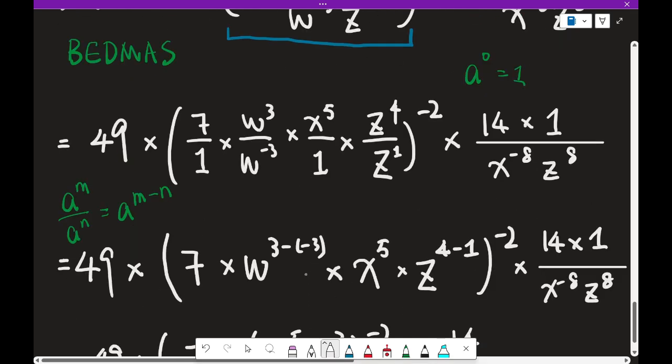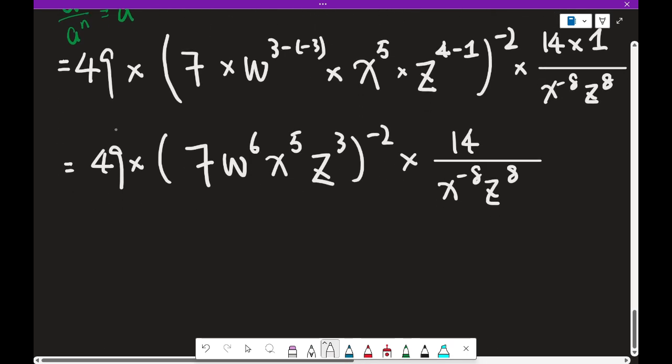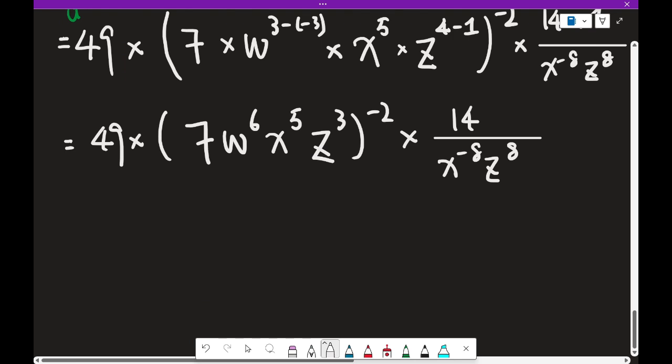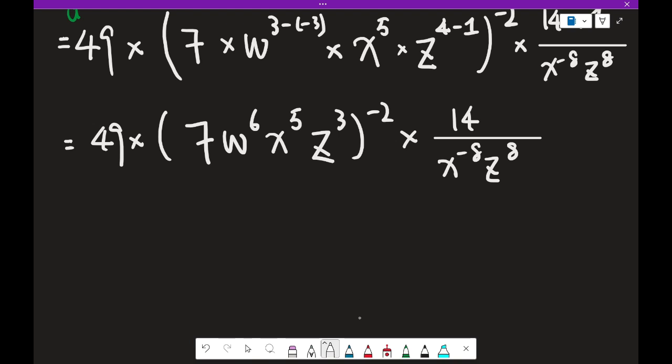Based on BEDMAS, next we are going to work on exponents. So brackets down, next, exponents. What exponents are there that can be further simplified? It will be this negative 2 here. Based on the identity (ab) to the power of m equals a to the power of m times b to the power of m, we can distribute this m to all the multipliers.